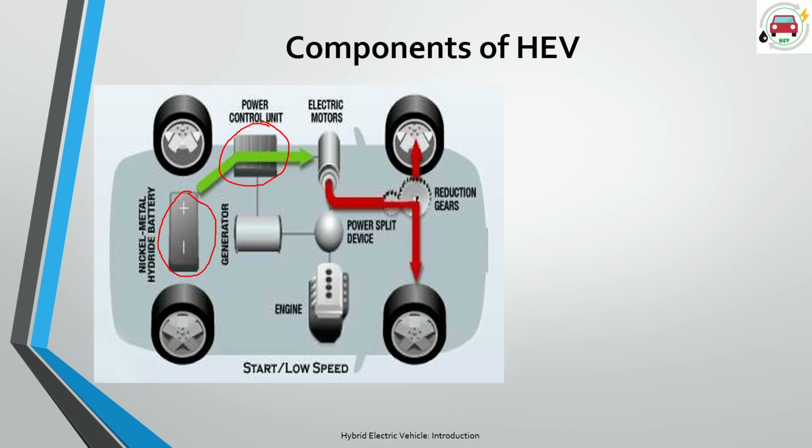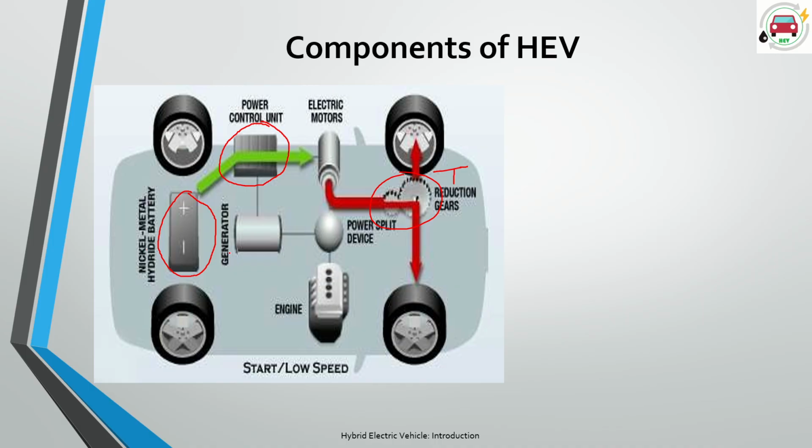That control unit is deciding where to send the power, how much voltage, how much current, and what parameters. Okay, so the electric motor is driving directly to the reduction gear or transmission. This is your transmission, right? Or the differential gearbox.